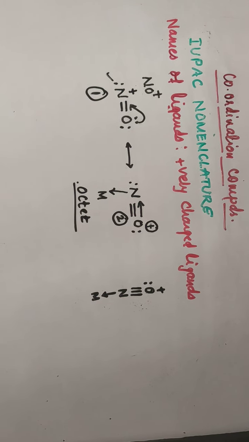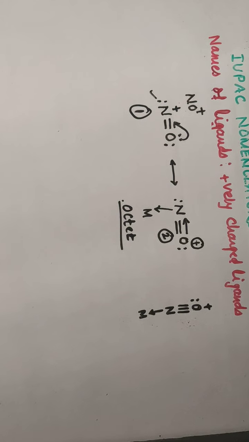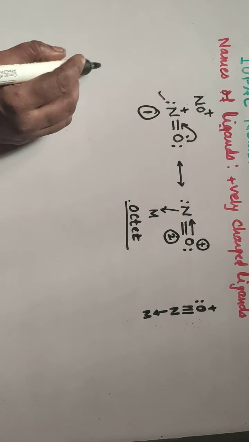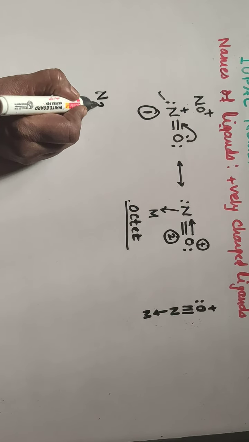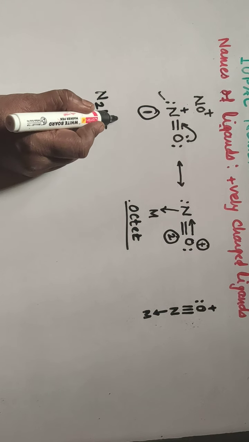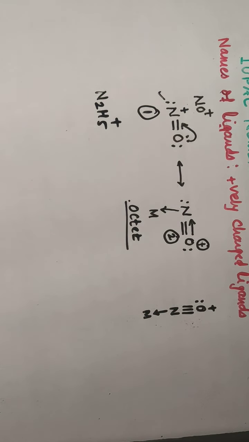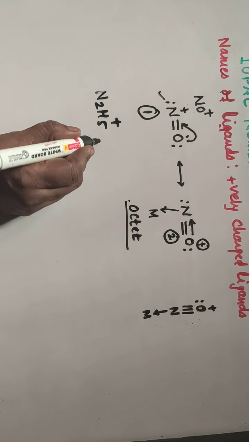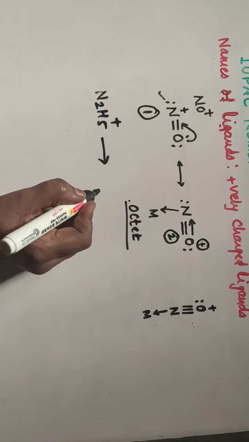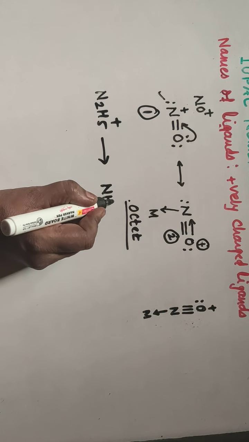Then one more positively charged ligand is there, and that is N2H5+. Actually this N2H5+ is formed from hydrazine, NH2NH2.